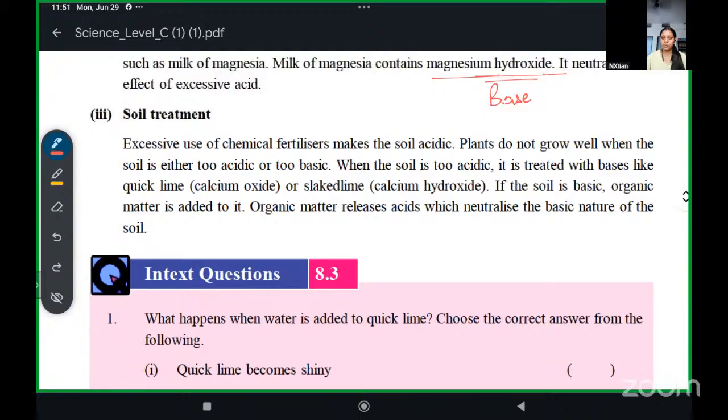When the soil is too basic, organic matter is added to it. Why organic matter? Because organic matter releases acids which neutralize the basic nature of the soil. See, both the conditions are mentioned here. If the soil is too acidic, you add bases to it. If the soil is too basic, you add organic matter, which will make it more neutral.